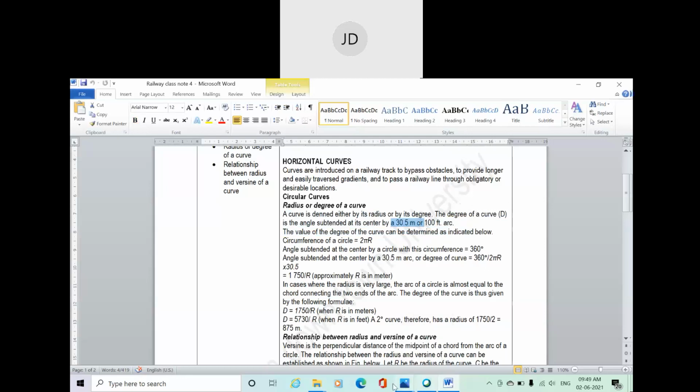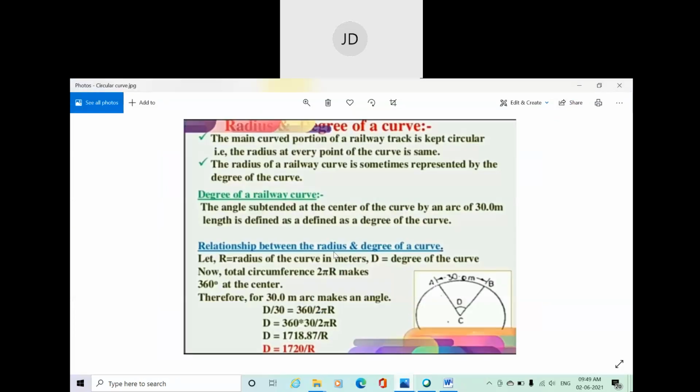Okay, anyway, so we'll come to this. How can we relate this degree and radius? The very basic simple mathematics: relation between degree and the radius of the curve. Say r is the radius of the curve in meter. Okay, suppose this is the radius, and D is the degree of the curve.